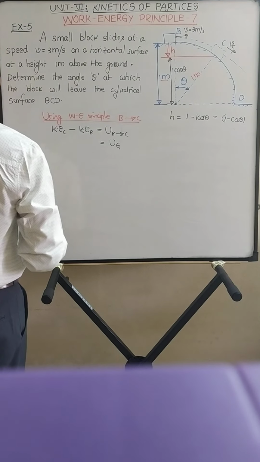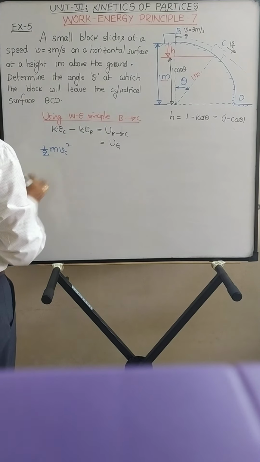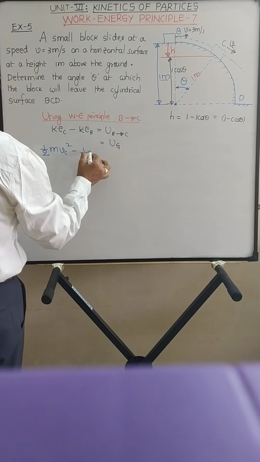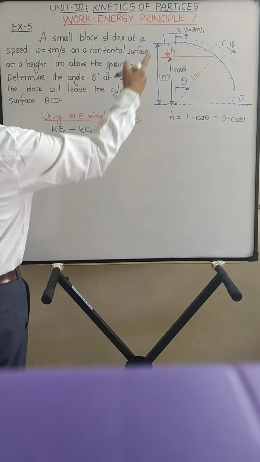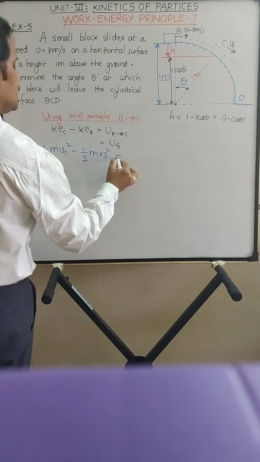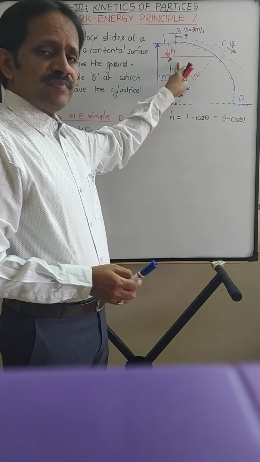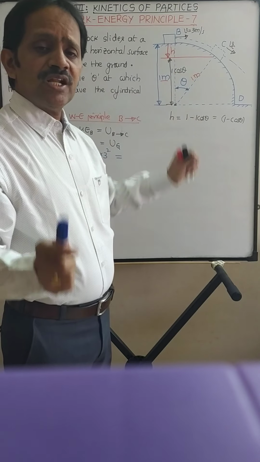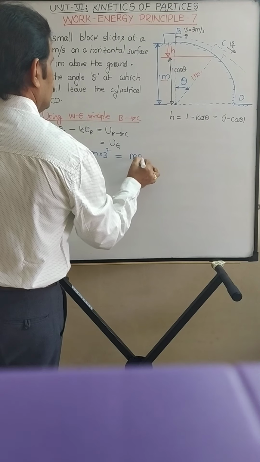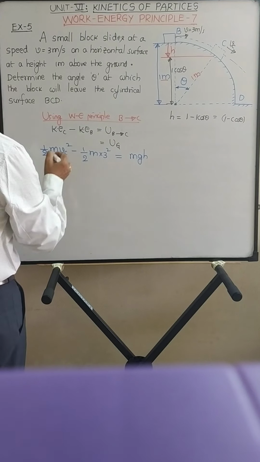So the kinetic energy at C is half m Vc square, minus kinetic energy at B, half m Vb square, that is 3 square, is equal to work done by gravity. See here, the vertical displacement is downwards and the gravitational force is acting downwards, so the work done by gravitational force is positive, mgh. Right? So you can cancel m.